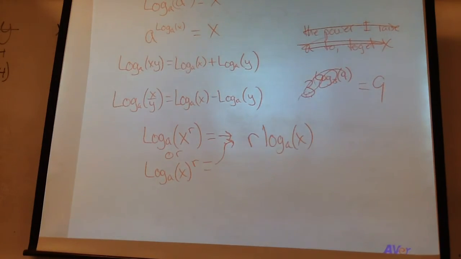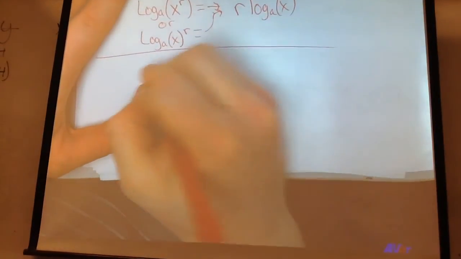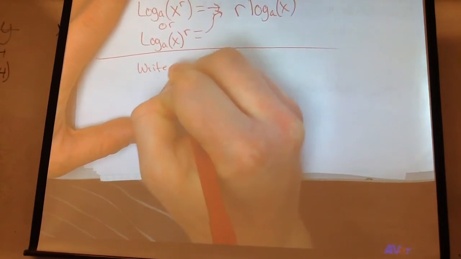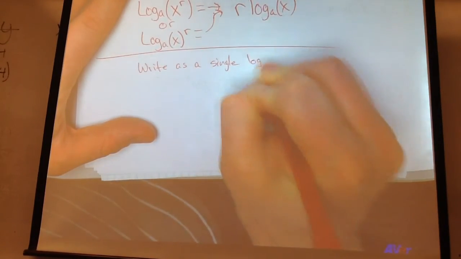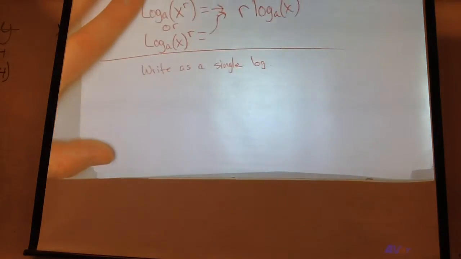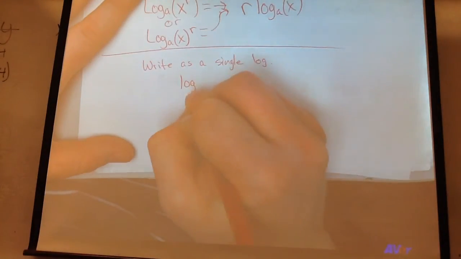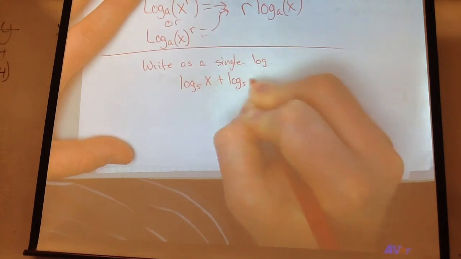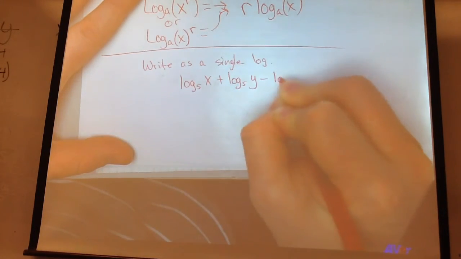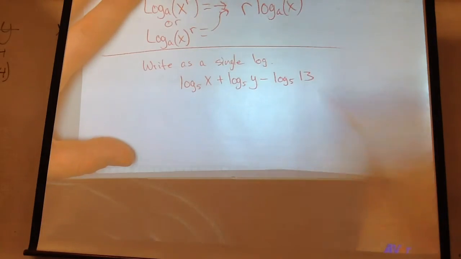So like an example of a problem. You'll get told stuff like, write as a single log. And you have log base 5 of x plus log base 5 of y minus log base 5 of 13.